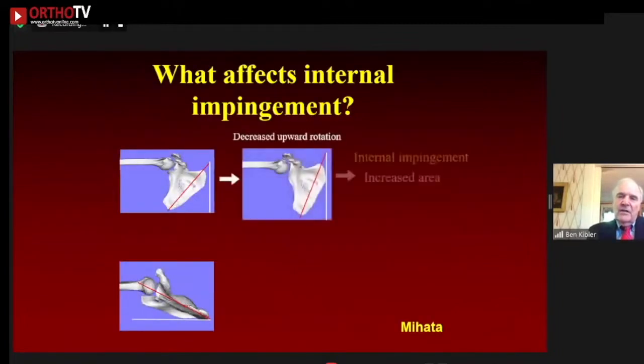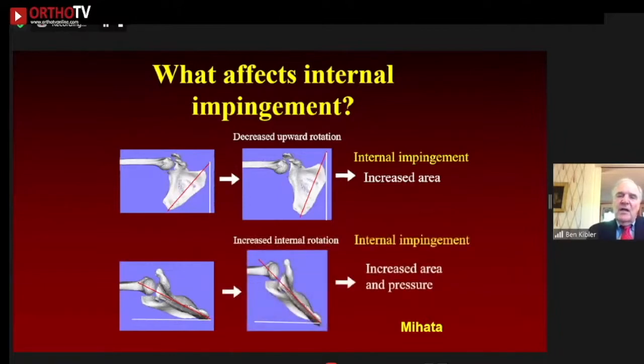And another study showed that if you decrease upward rotation, you increase the area of the internal impingement. And if you increase the internal rotation, you also increase the area and the pressure of the internal impingement. So once again, scapular position affects the mechanics of the rotator cuff and the labrum.